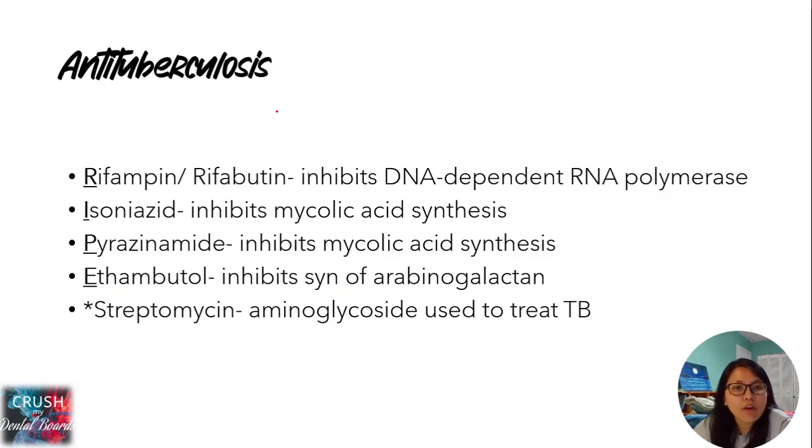Now, we also have your anti-TB drugs. So anti-TB drugs, it's ripe. If you consider rifampin and rifabutin, if you use them one by one, then you can do it riper, right? So your rifampin, your isoniazid, your pyrazinamide, and your ethambutol. These are the basic anti-tuberculosis drugs, okay? Now, we mentioned this one earlier, streptomycin. It belongs to a different class of antimicrobial.